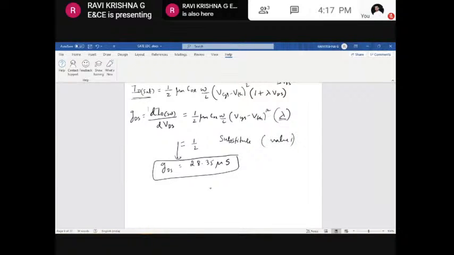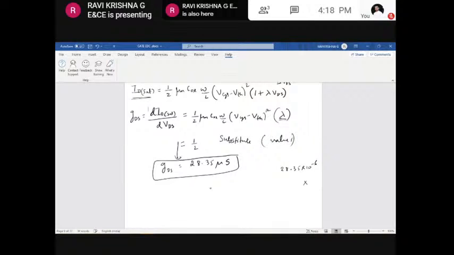For example, in your calculator, if you got 28.35 into 10 to the power minus 6, you should not write this one. You should first convert this answer in terms of microsiemens, that is 28.35.